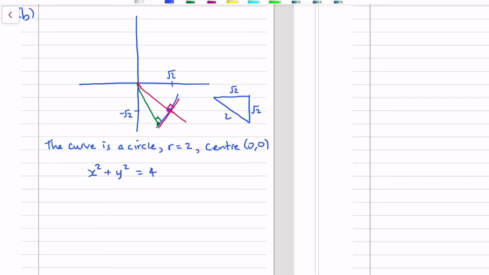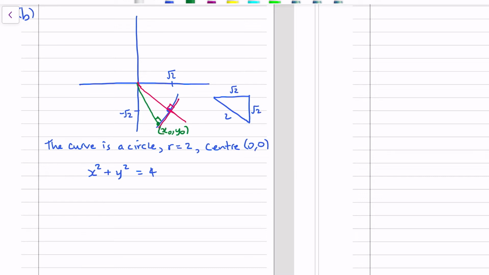So I might call this green point in here (x0, y0). So some point that's on the curve, and I know that at that point the slope of the curve is equal to the negative reciprocal of the slope from the origin.